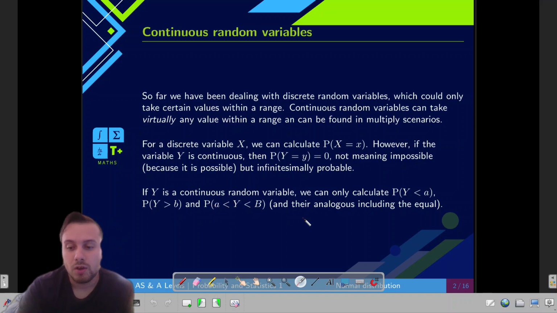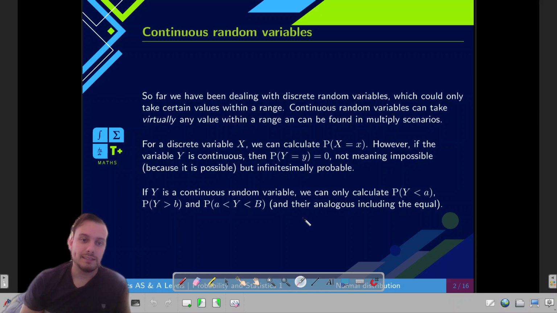For example, what is the probability that my bus arrives in less than 7 minutes? Or the probability that my bus arrives between 6 and 6.5 minutes. Those are the probabilities that we're going to be studying, and not exact probabilities, because those are going to be 0.